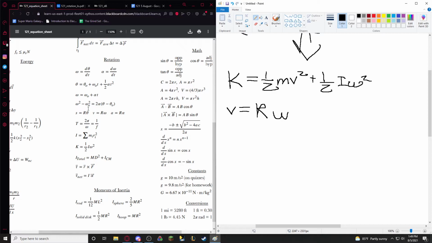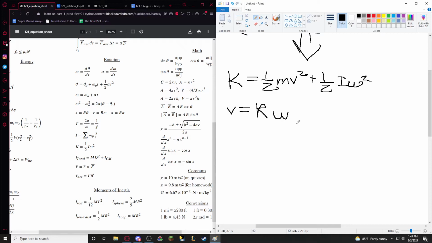And the total distance that the disk rolls is equal to the total radians that the disk rotates times the radius itself. So our velocity is equal to the radius times the angular velocity.